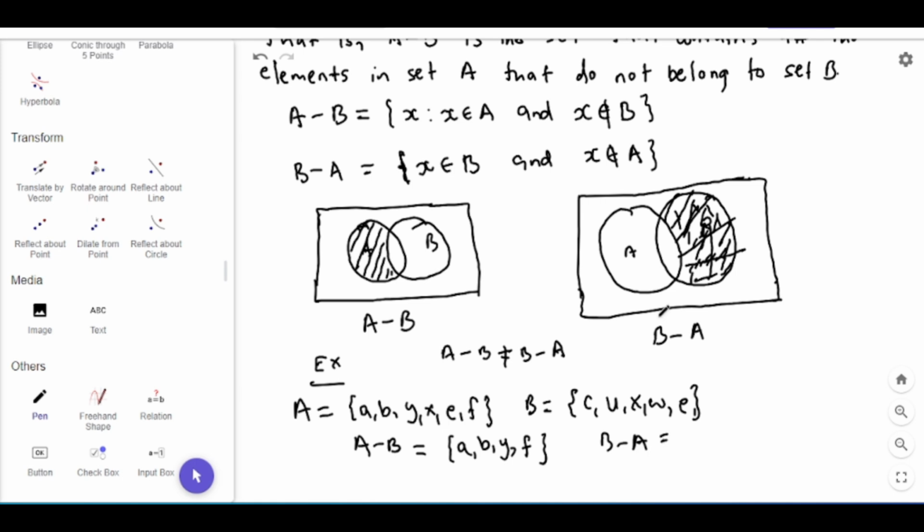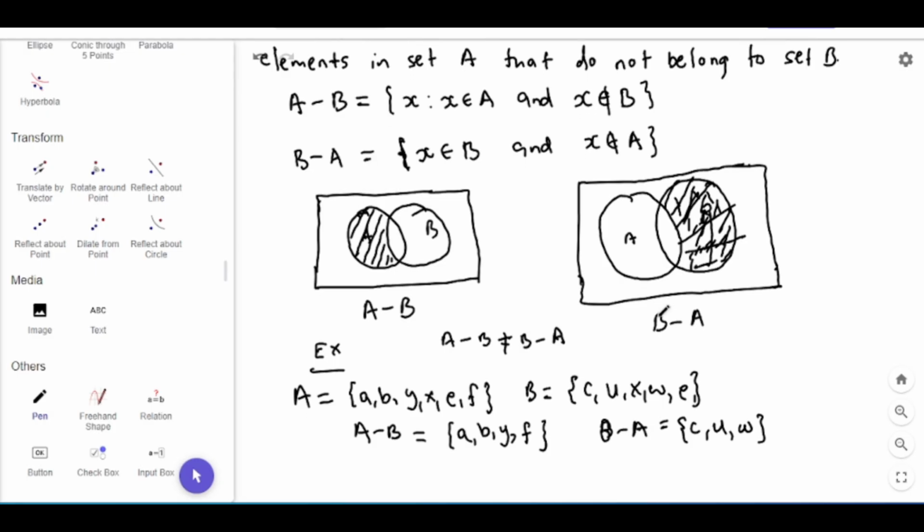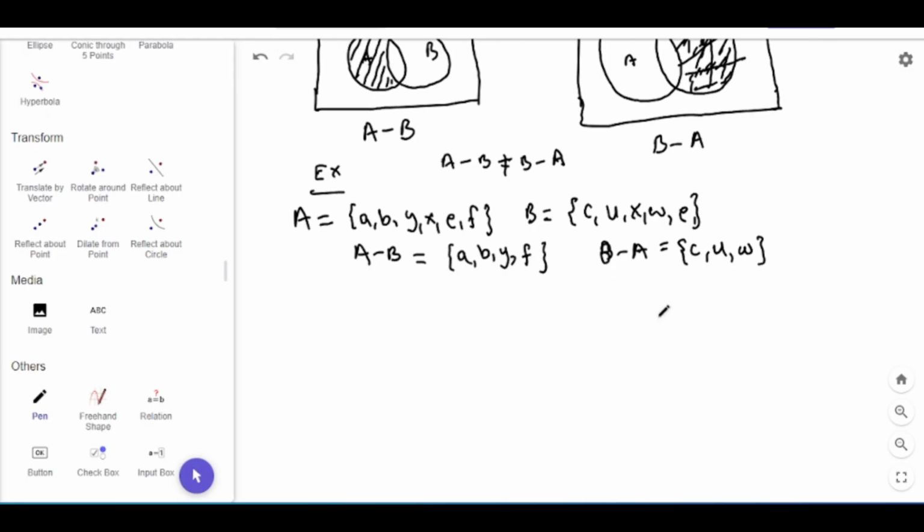These are elements in B that are not in A. We have C, U, and W. You can see A minus B is not equal to B minus A. That is the set difference.